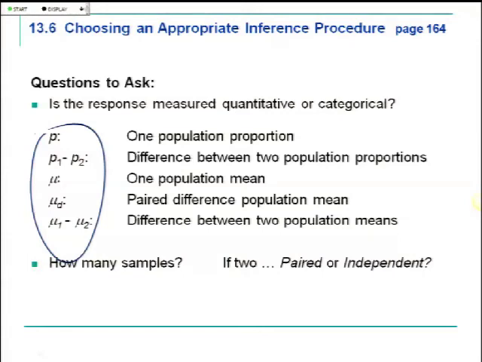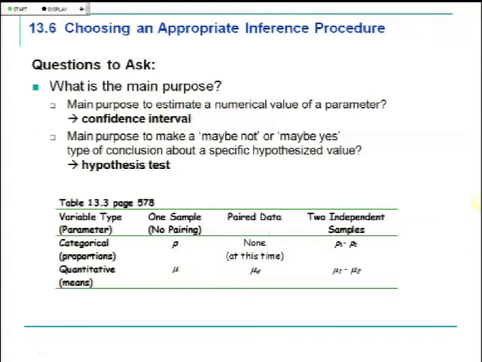And if it's 2, in some places, at least for the quantitative side, do we have paired or independent samples? So that's why your homework 7, the first question, just has you distinguish between those 2 again. There is a paired proportion problem. We haven't gotten to that yet. It's a chi-square test we'll perhaps see later in the class. So that will come to fill in that missing blank, that little bit of paired data there that's missing.